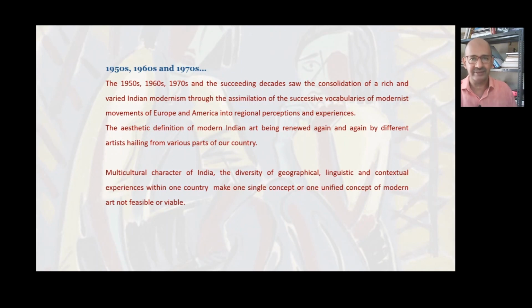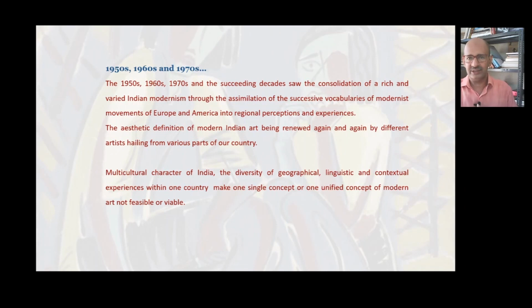The fact that India was not following a single dominant ideology anymore is also a kind of proof of this multiculturalism, that different regions within India encouraged the artists to think differently and to define modernism in their own terms.